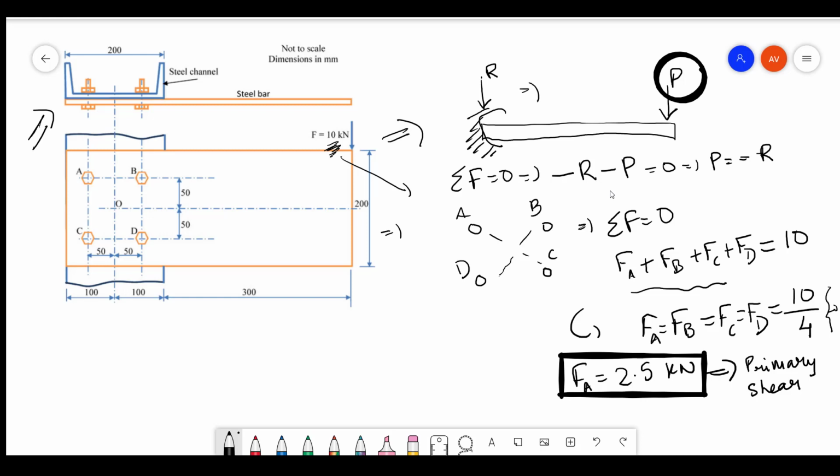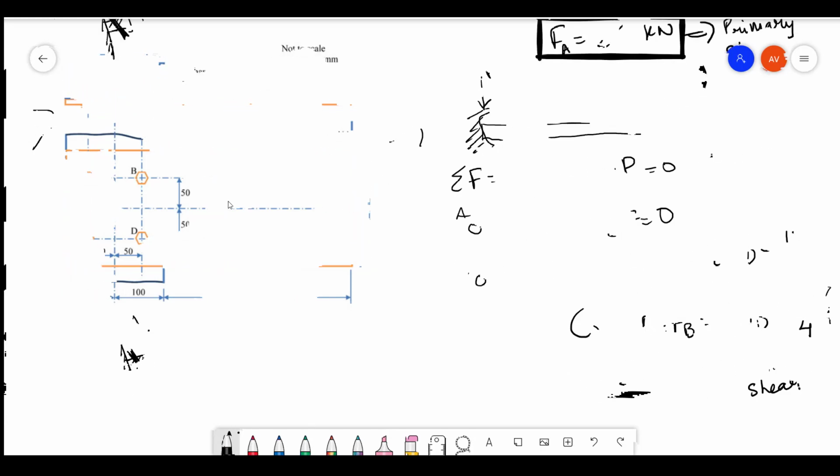If you see from the side view, if this is your bolt and this is your structure, your bolt is actually getting loaded like this by the other forces. So it is actually inducing shear. That's why we call it primary shear or secondary shear.